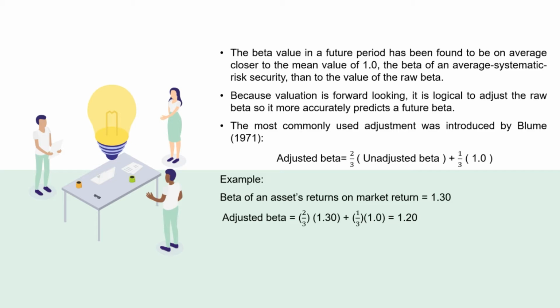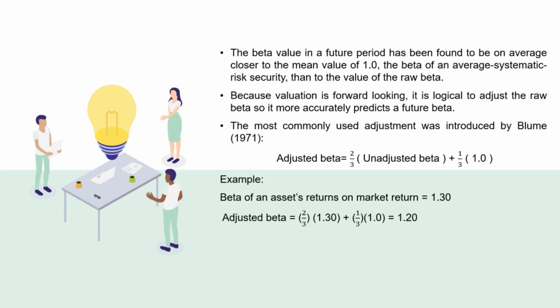The beta value in a future period has been found to be on average closer to the mean value of 1, the beta of an average systematic risk security, than to the value of the raw beta. Because valuation is forward-looking, it is logical to adjust the raw beta so it more accurately predicts a future beta. The most commonly used adjustment was introduced by Blume, 1971.